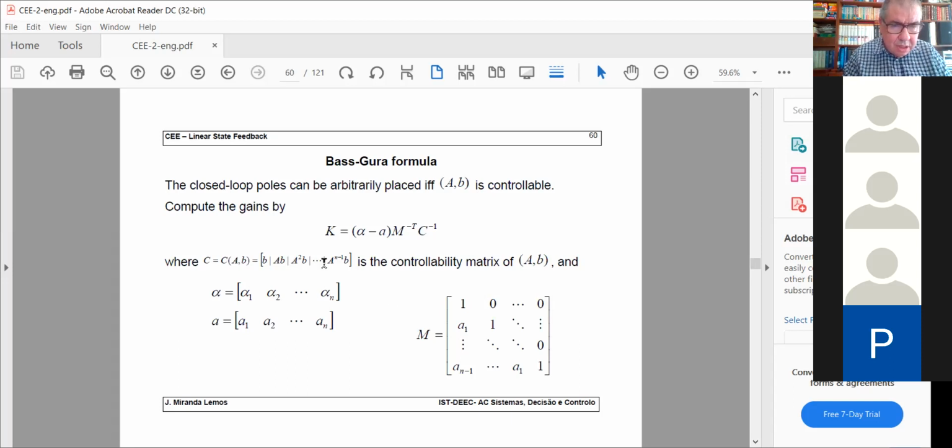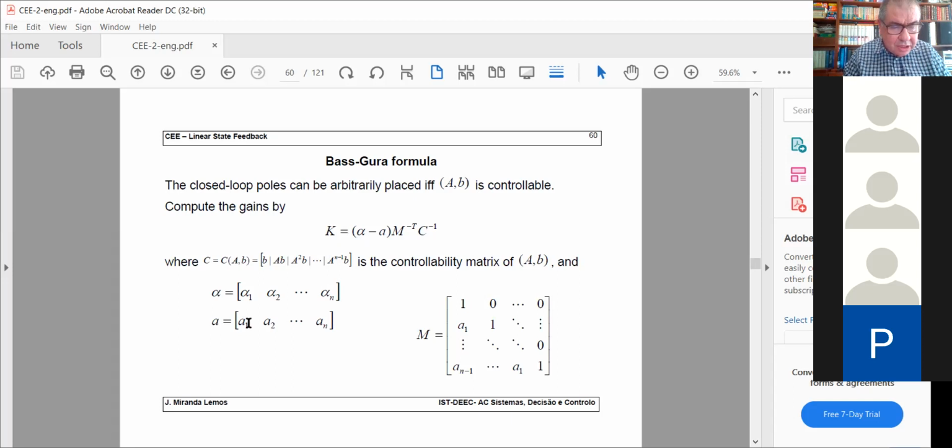Okay, looks quite cryptic. So the vector of gains is, you see this alpha, when I write alpha of s, it is the polynomial alpha of s. But when I write just alpha, it is a vector of the parameters. You understand the difference? So alpha denotes the vector of the parameters of the polynomial.